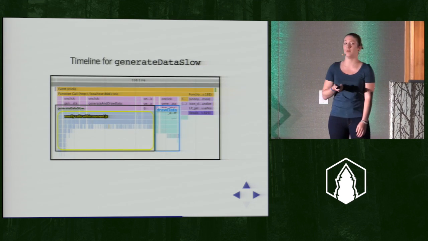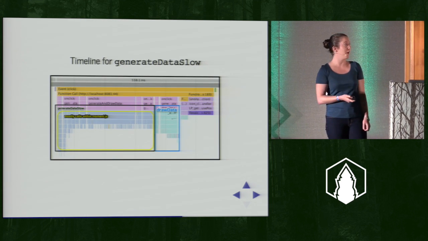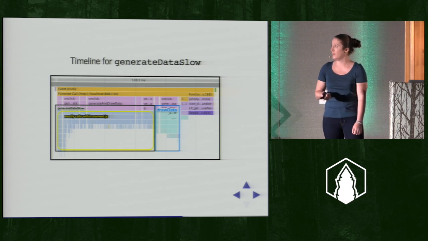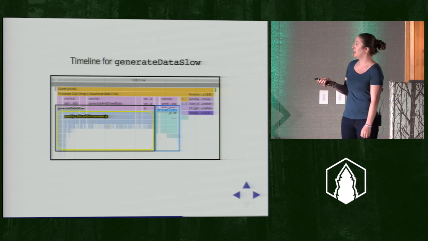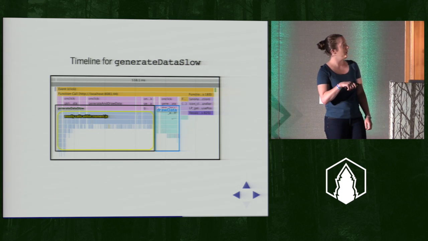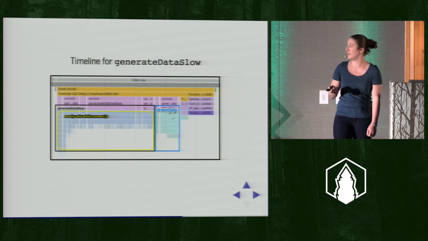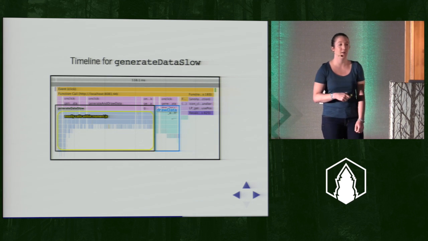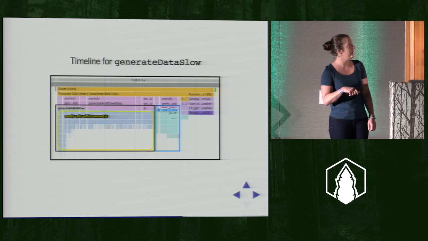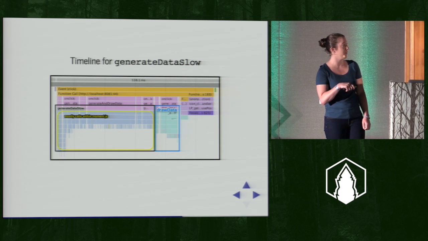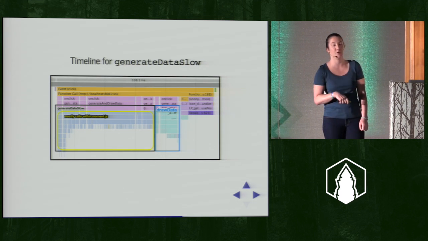Now here's what happens with the white whale that I put in for us to find, the generate data slow function. Now the data generation, again, the black box, is taking like 3 to 4 times longer than the drawing. So what you would want to do here is look into the call stack, into these functions that are being called below inside that generate data slow.